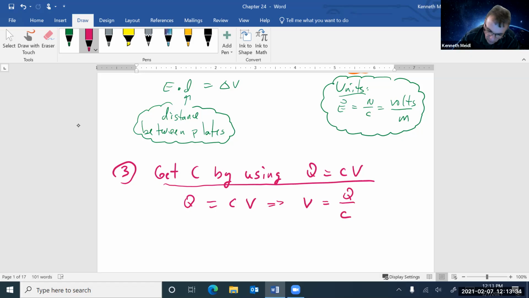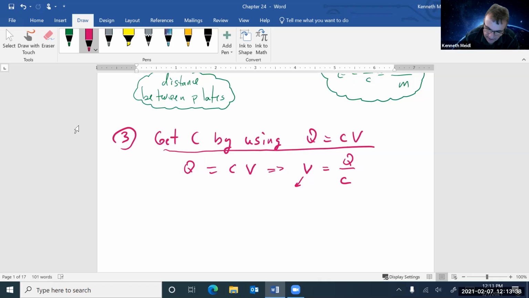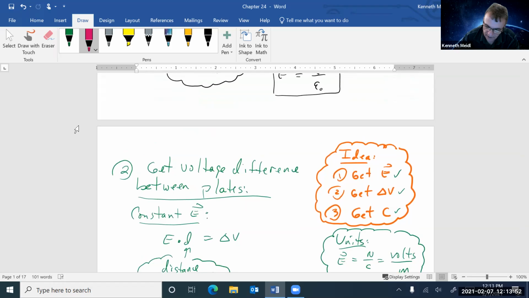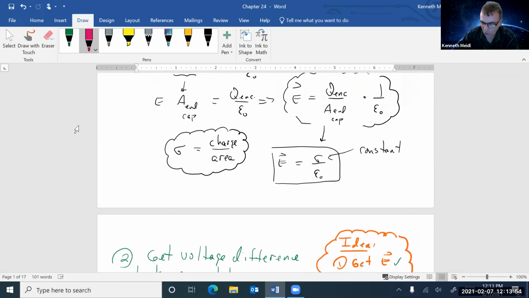And this voltage is the same as the electric field times the distance between the plates, right? That electric field we just found up above here. And because I know what I'm heading for, I'm going to use this version right here that I'm highlighting in purple.